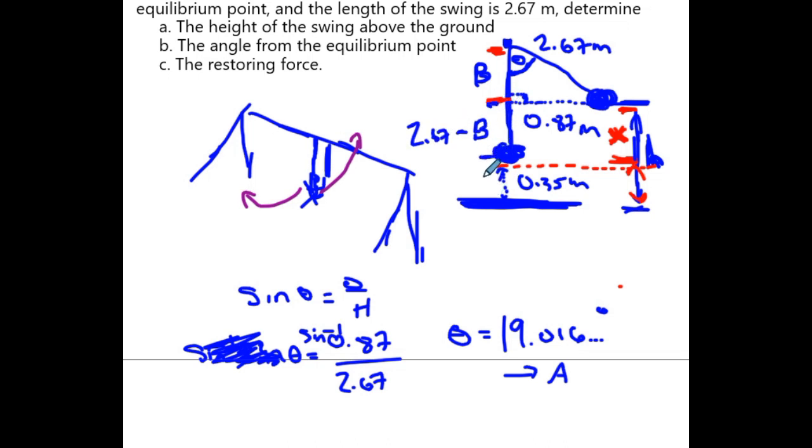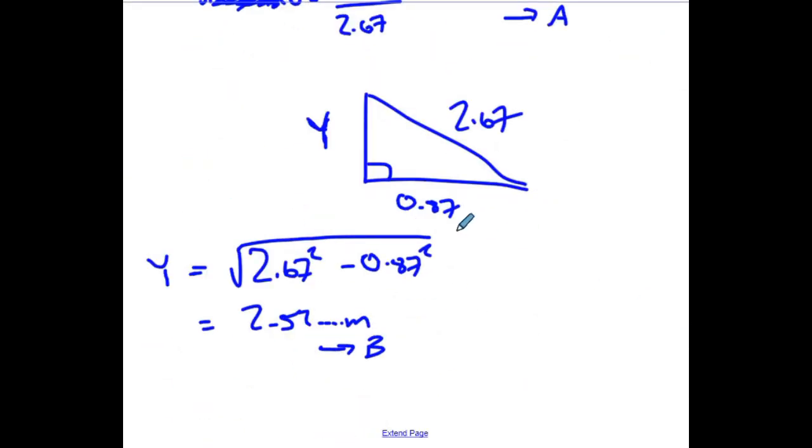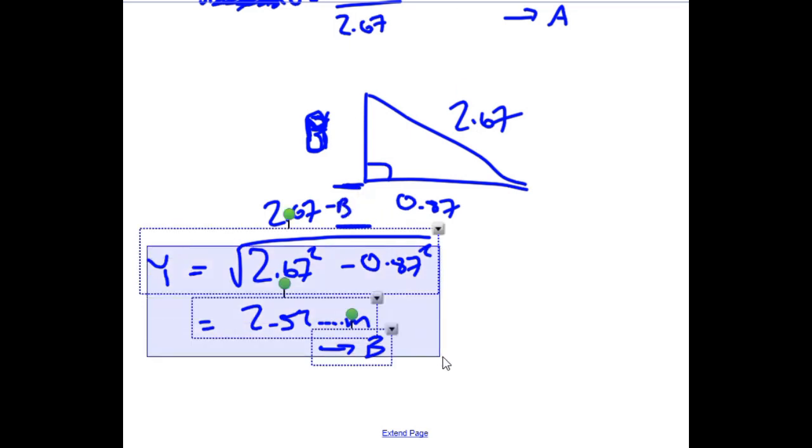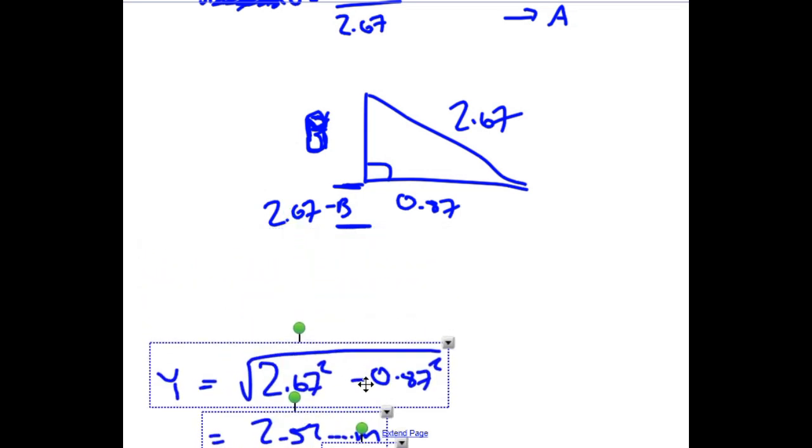If it doesn't, can you make sure you ask at some point as to how I figured that out? But what I know then in my diagram here is that if this right here has now been, I guess I called it y, now I'm calling it b. Apparently I'm just changing letters everywhere. But I know that I need to know the next little distance. That's going to be 2.67 minus b. And then maybe I can pick this up and move this a little bit lower so it's not all in the way. Yeah, there we go.